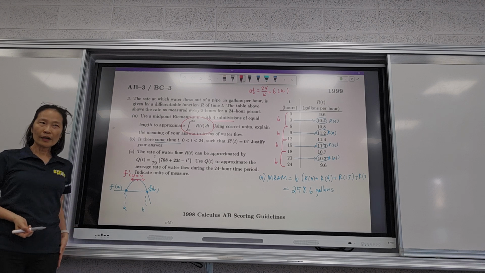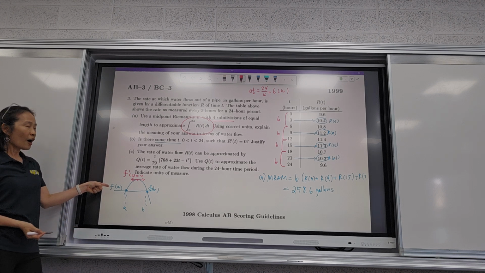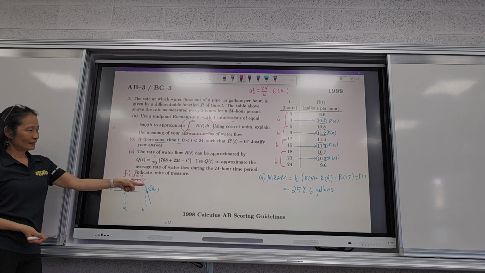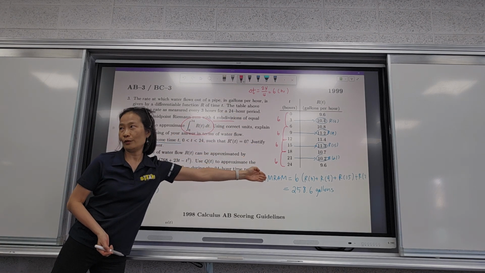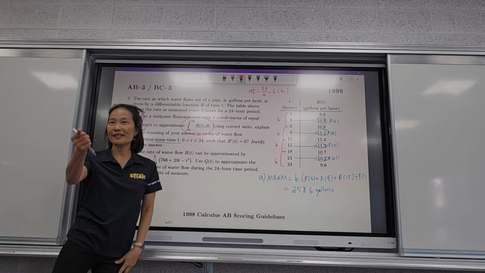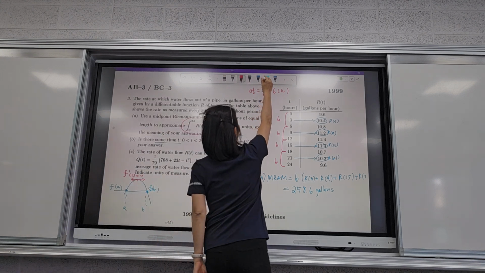So, in other words, f is R. Can you see any R values that are equal to each other? 9.6, yes, right here.